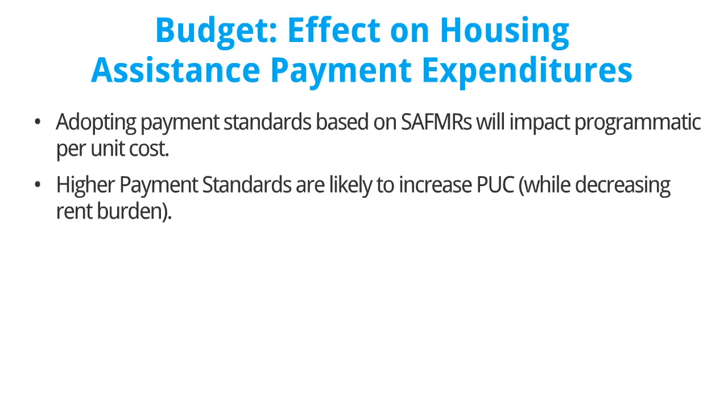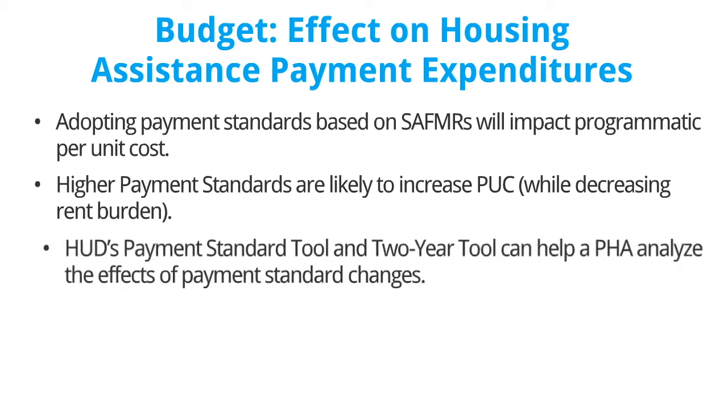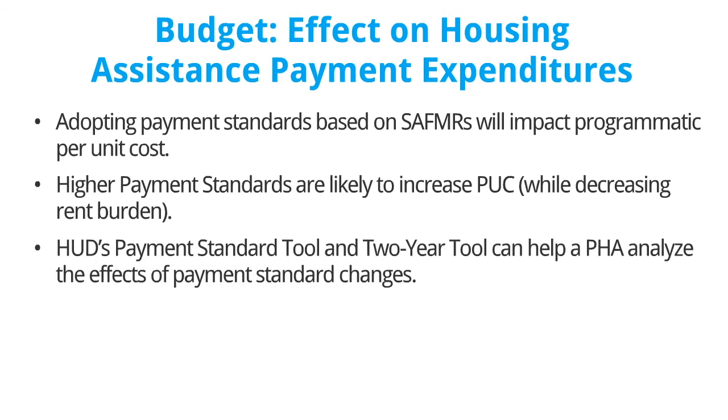Higher payment standards are likely to increase per unit cost while decreasing rent burden on families. As previously mentioned, HUD's payment standard tool and 2-year tool can help a PHA analyze the effects of payment standard changes on per unit cost and rent burden and, more broadly, on a PHA's leasing and spending decisions.